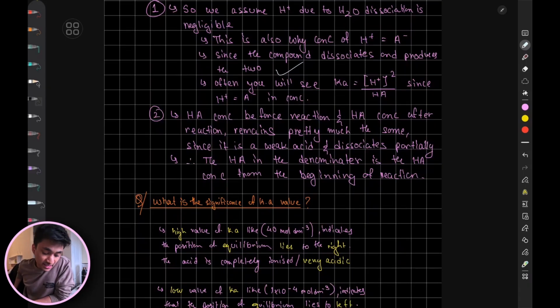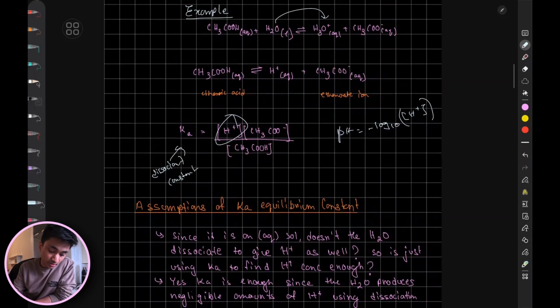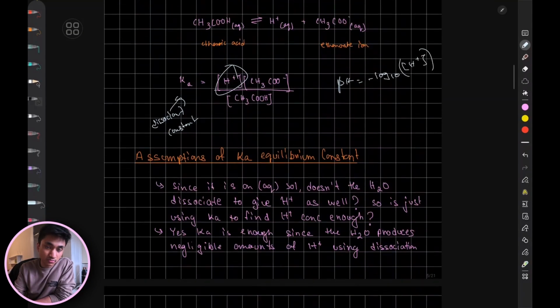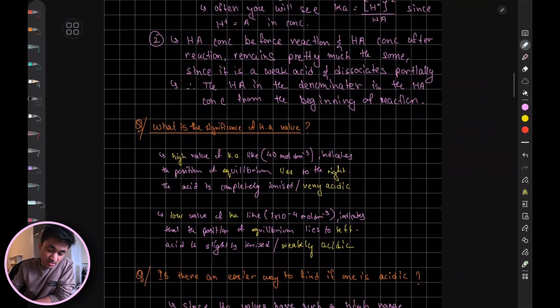The other assumption is HA concentration before reaction and after reaction is the same, right? The reason this assumption is important is because we're considering that at equilibrium, the concentration we have of the reactant is whatever it was initially. So the equilibrium concentration is equal to the initial concentration of whatever reactant you have, which is why this assumption works.